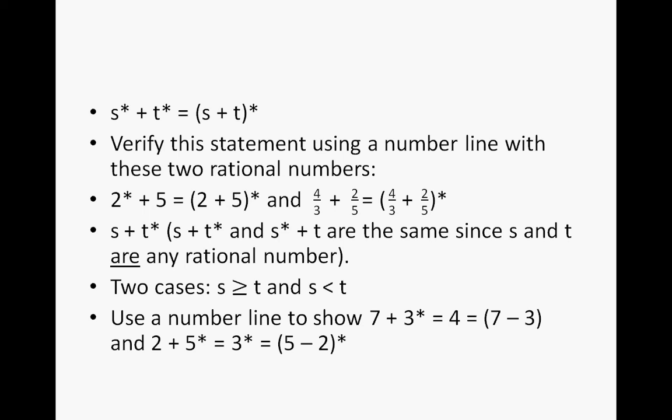I want you to make that connection, and also do the same thing with 2 plus 5 star, which is going to equal a 3 star, but that is also the same as 5 minus 2, and then you take the mirror reflection of that. So stop the video and go ahead and show these on the two separate number lines, but show and explain how this happens.